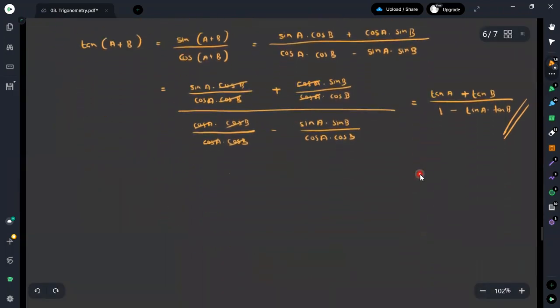Now we will prove this for the subtraction of the angles as well.